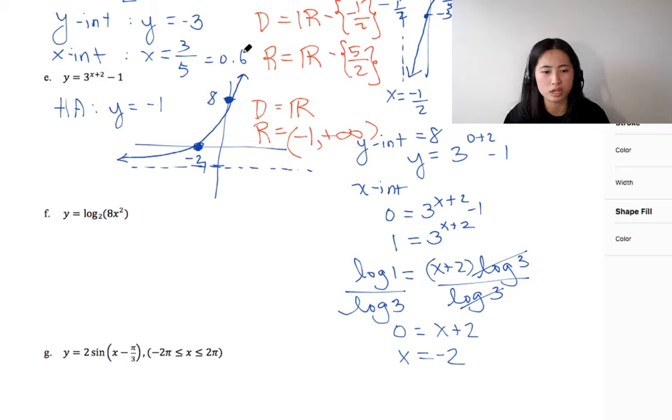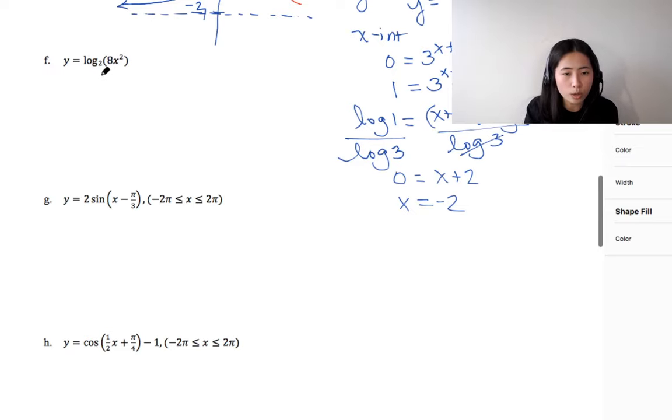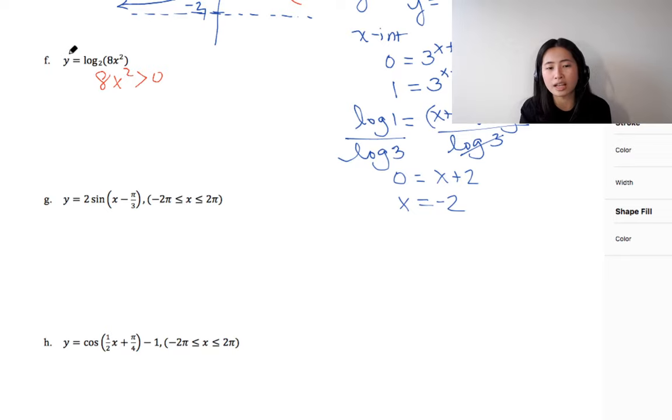So that's your range. Now, if we're looking at logarithms, you need to figure out what your domain is based on your 8x squared, which is your x value. So we're going to set up 8x squared greater than 0. And how do I know that this needs to be greater than 0 and not greater than or equal to 0? Well, if you have log base 2 of 0, that means it's undefined.